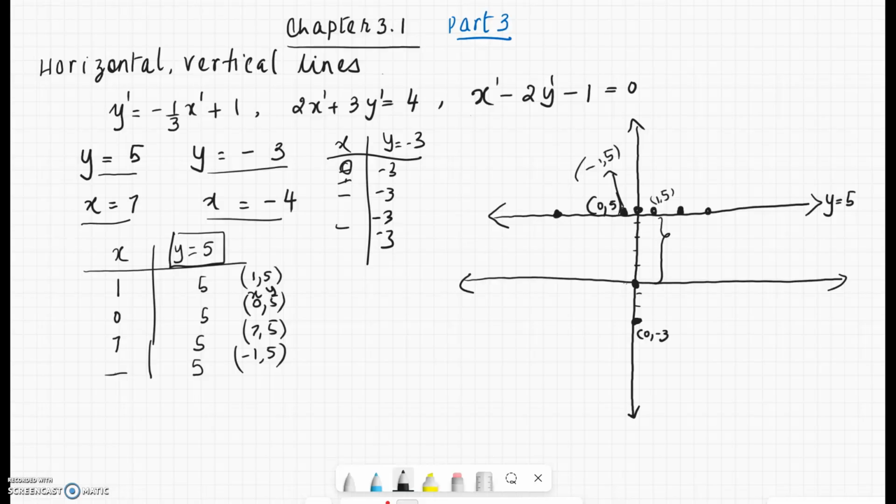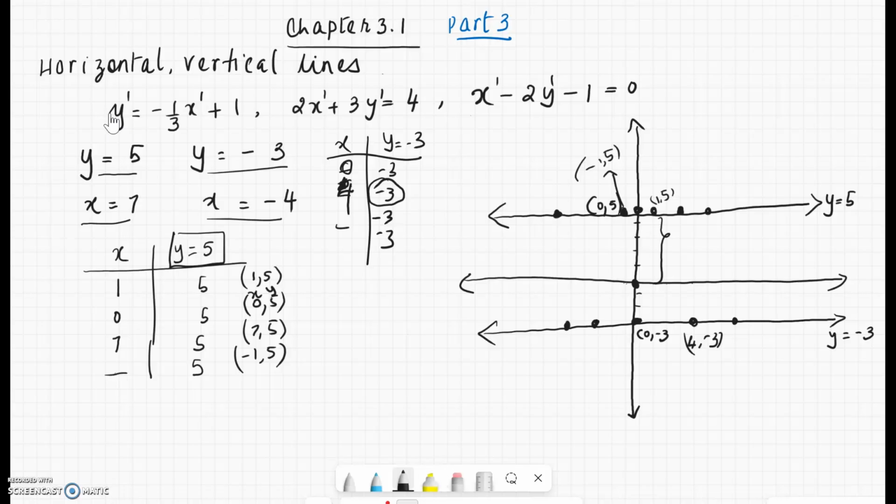If I plug in 4, y is still negative 3. 1, 2, 3, 4, and y is negative 3. So that's 4, negative 3. Remember, the y coordinate is always going to be negative 3. So no matter what I plug in for x, the points are going to line up this way. So y equals negative 3 is this line that is 3 units below the x-axis.